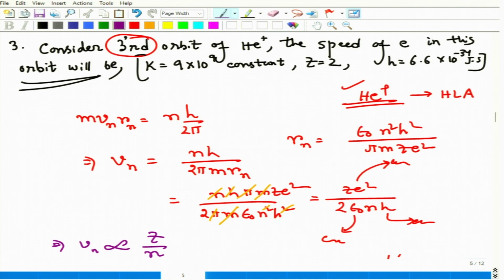So here N is 3, but you have to keep in mind that V1 is 1 by 137 into C. If you remember this value, then you can do it easily. Otherwise you have to put the values of Z, epsilon naught, then you can also define. But if you remember this, then it is very good.